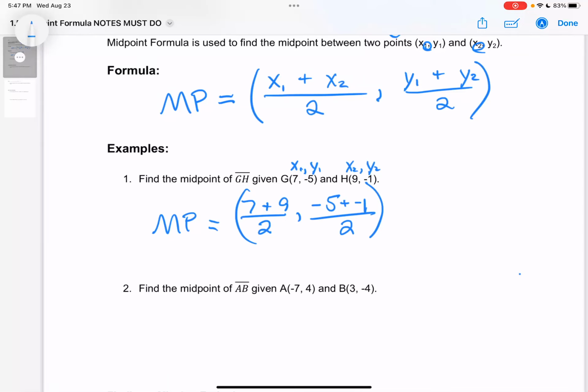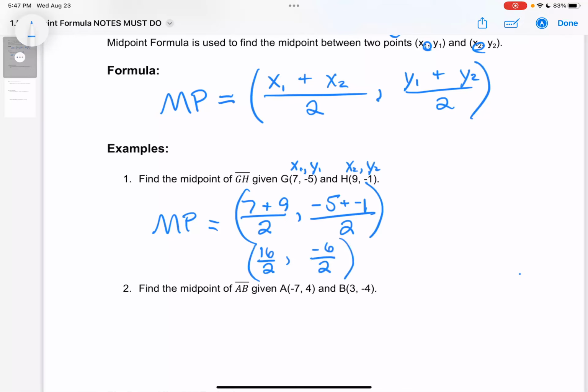So then we're going to have 9 plus 7, 16, divided by 2 for the X value, comma, -5 minus 1, or plus -1, is -6.